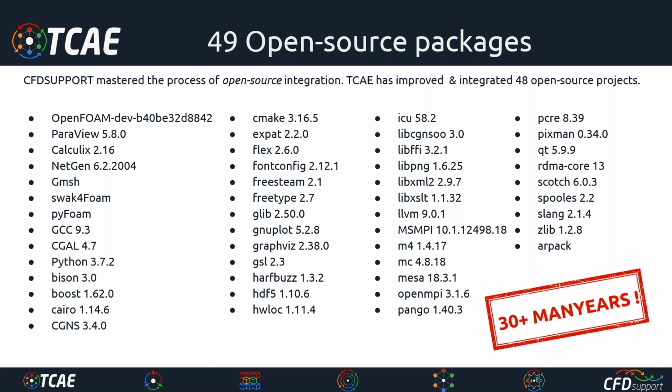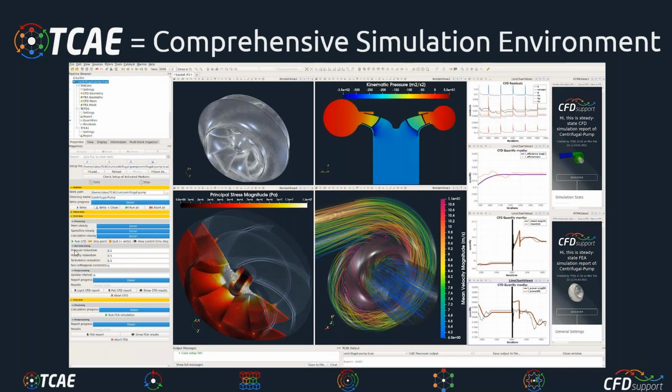We mastered the process of open source integration into professional CFD tools for the industry, and that's what we deal with. Our software is based on 49 open source packages, and on top of that, we've spent more than 30 years in team development of them to make them available for the industry, what open source unfortunately is not capable of.